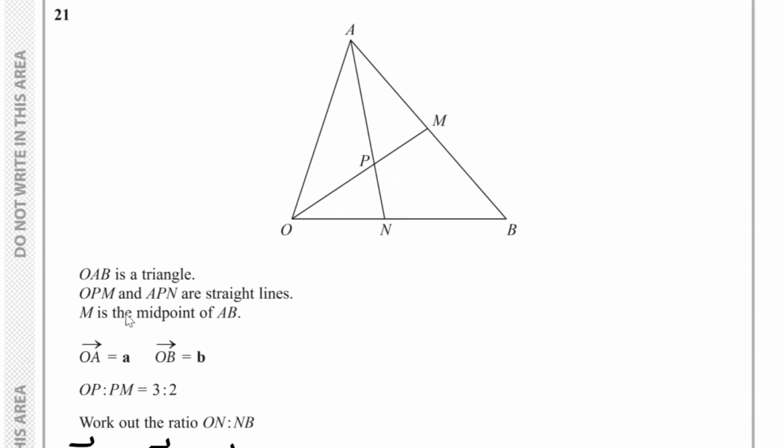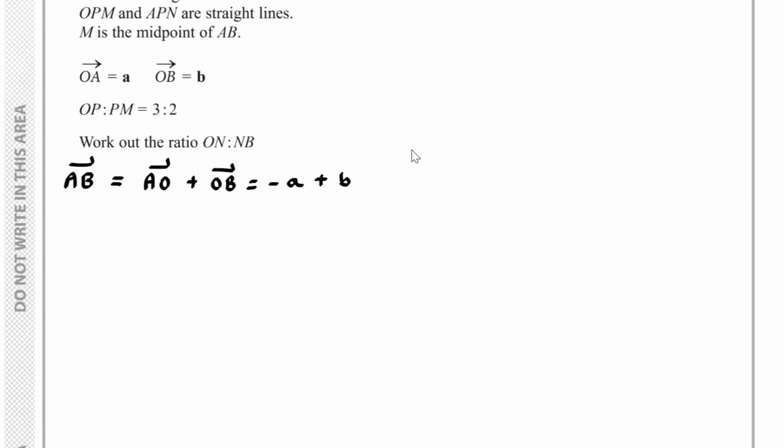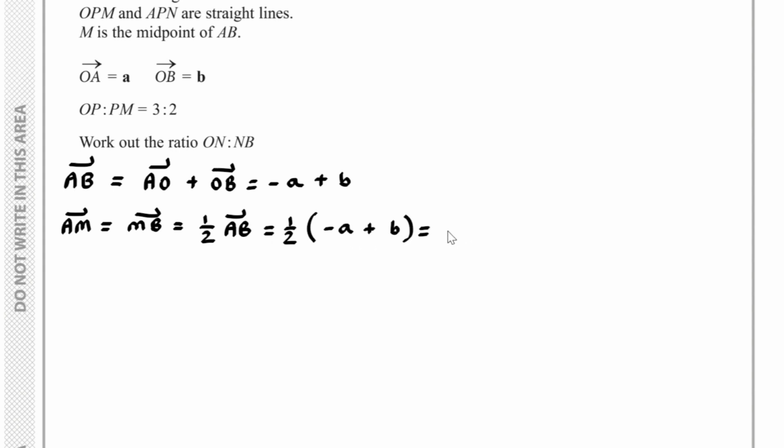Now, because M is the midpoint of AB, we can therefore conclude that AM, which is the same as MB, that's 1/2 of AB. So I've got 1/2 of minus A plus B. So I get minus 1/2 A plus 1/2 B.